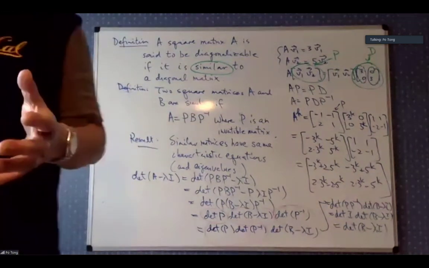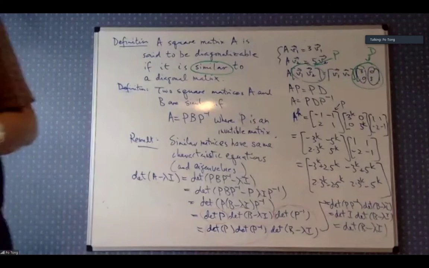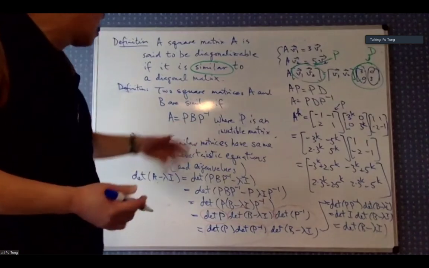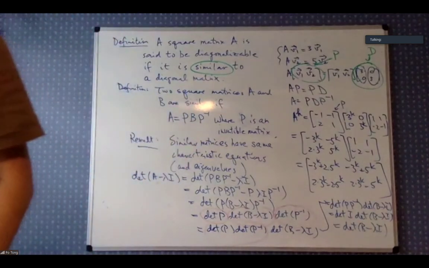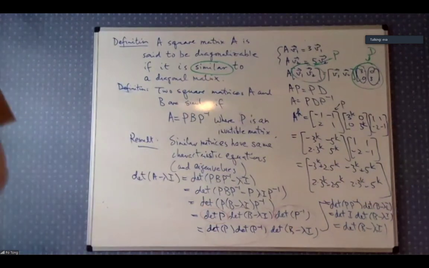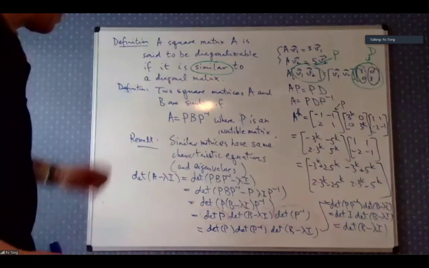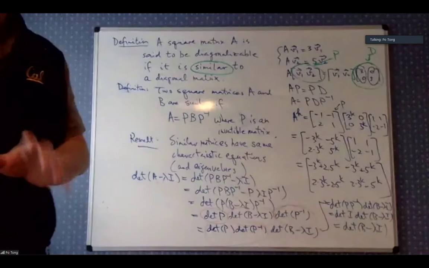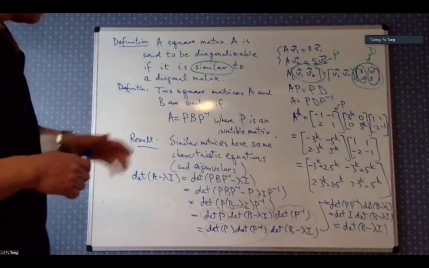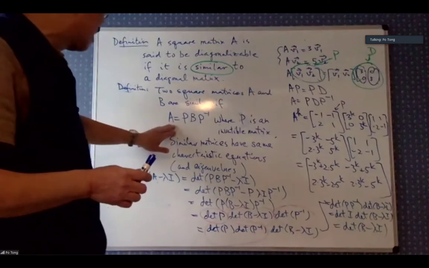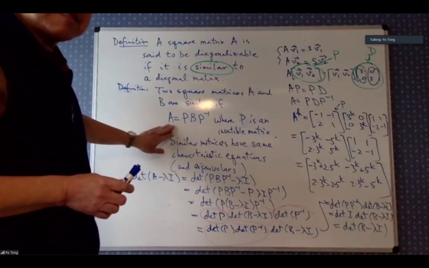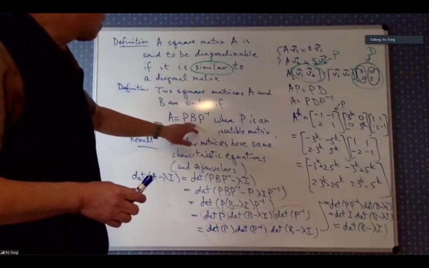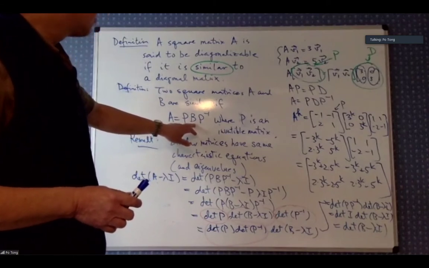The matrices are really similar in the sense that A and B both represent some kind of transformation in different coordinate systems, essentially. If A represents a linear transformation from x going to Ax, B also represents a linear transformation from x to Bx.